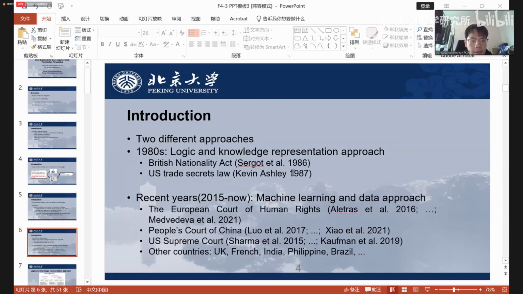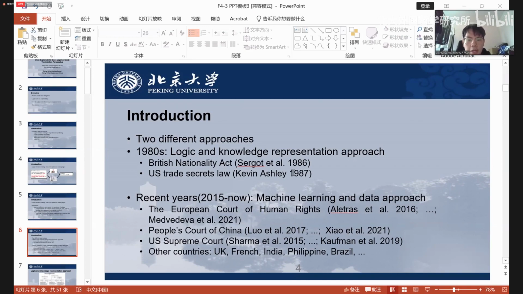And how to develop a legal AI? There are actually two different approaches. The first approach really started in the 1980s. It was called the first stage of AI, which used a logic and knowledge representation approach.